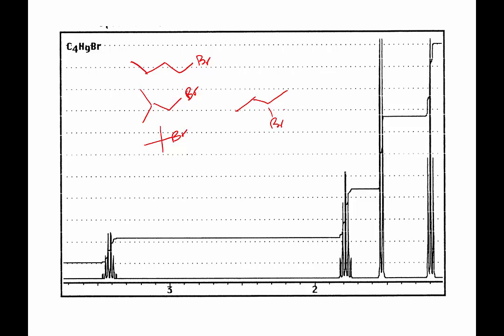Because that'll tell us how many sets of peaks we should see. So for butyl bromide, what do we have? How many? Give me a number.